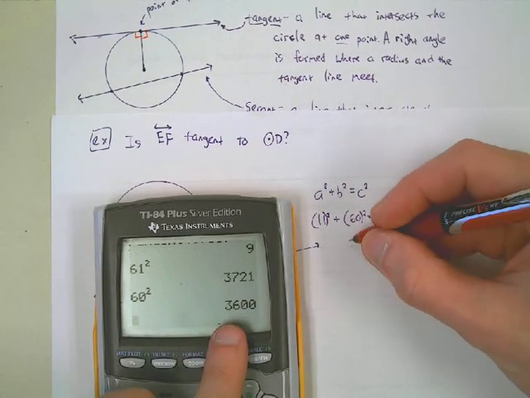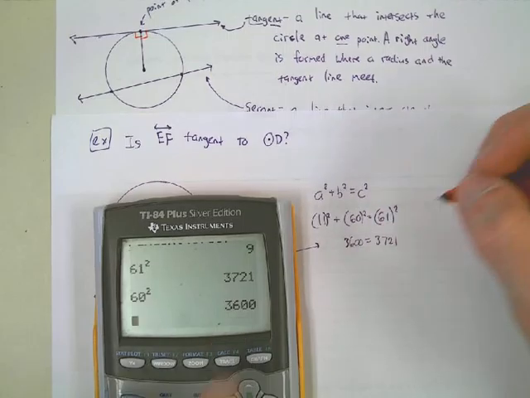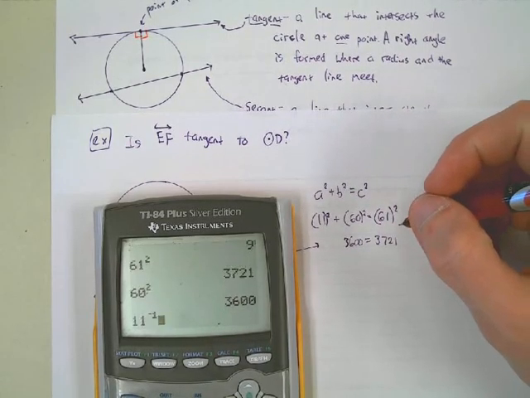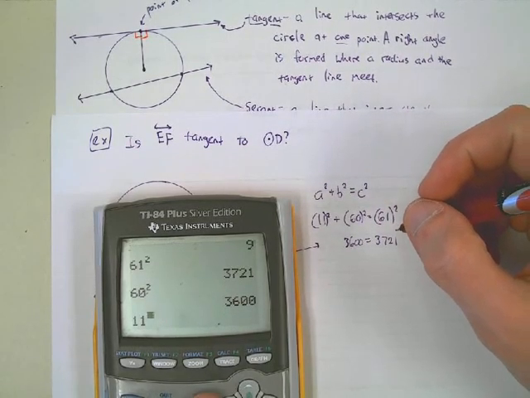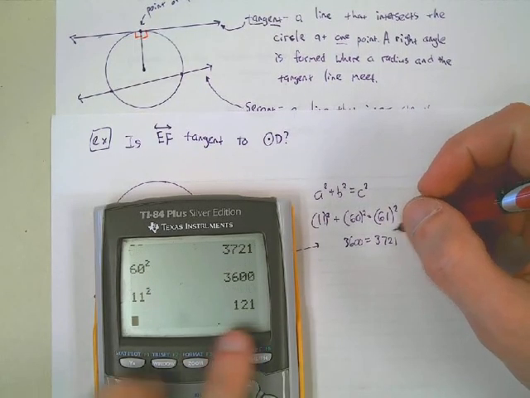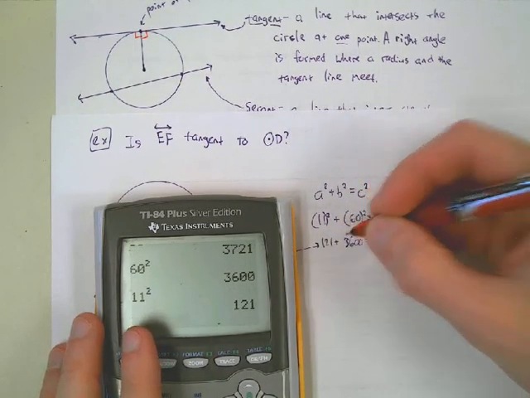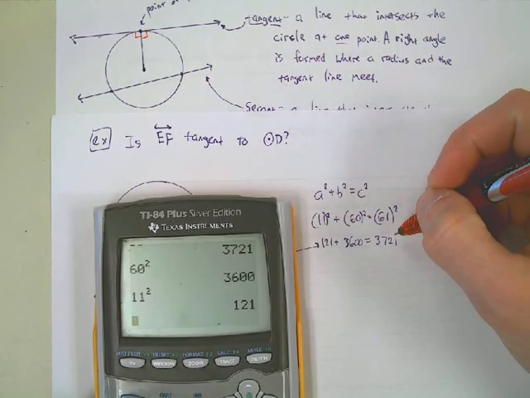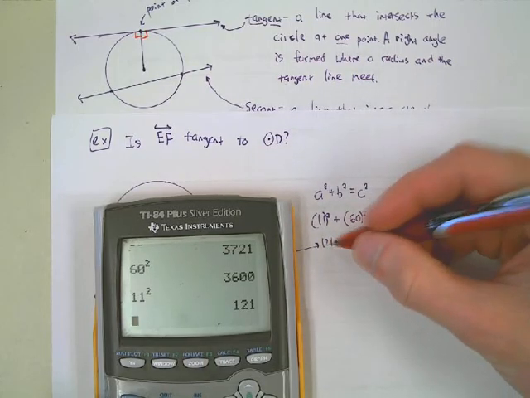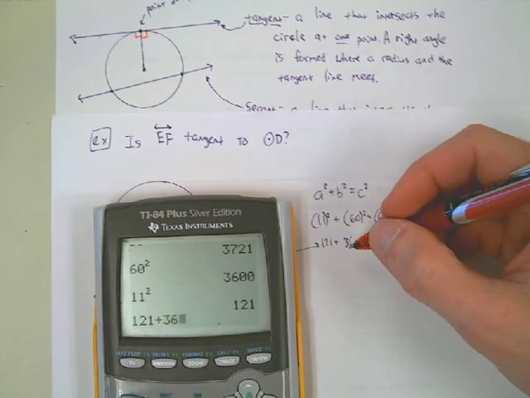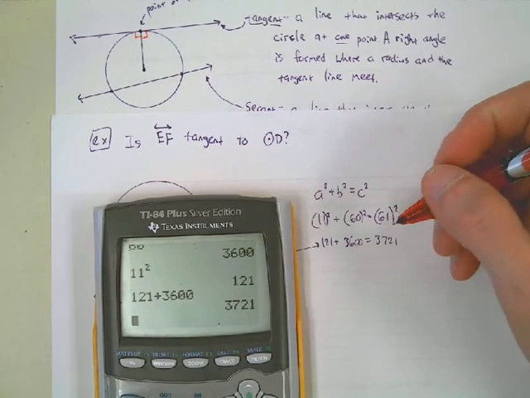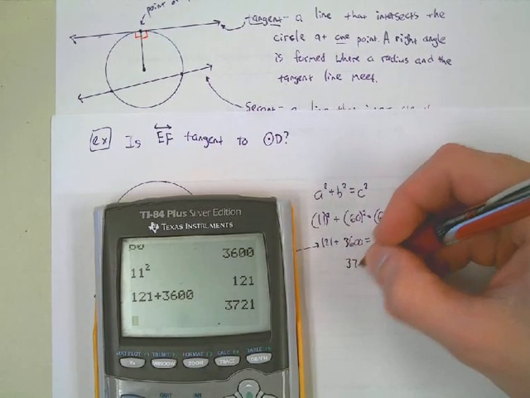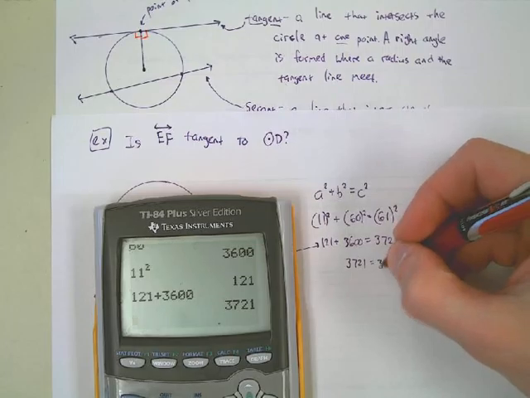And 11 squared is 121. If I add those two together, 121 plus 3,600 is 3,721. So check, the Pythagorean theorem works.